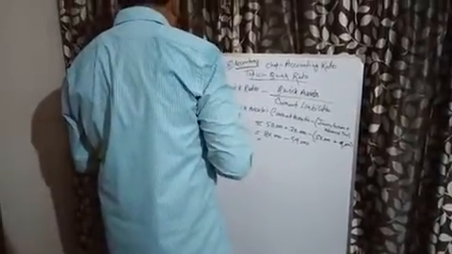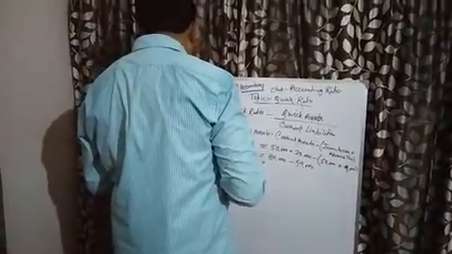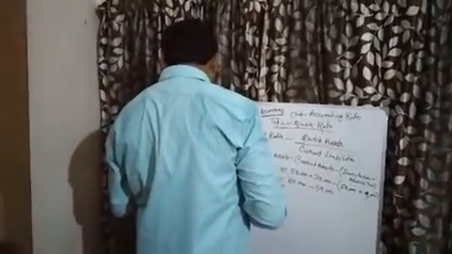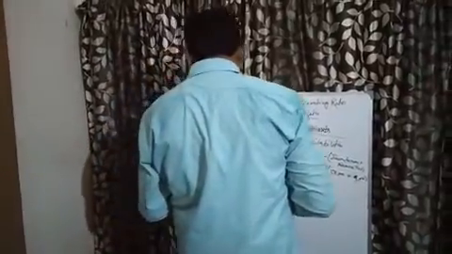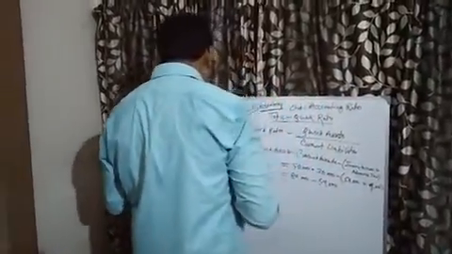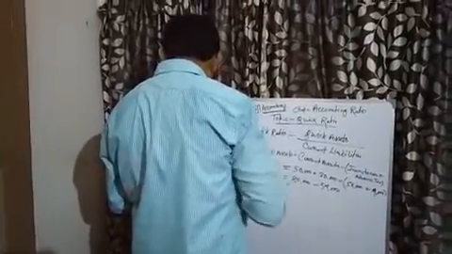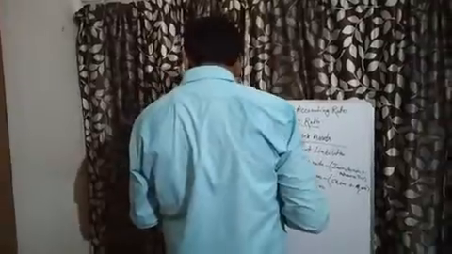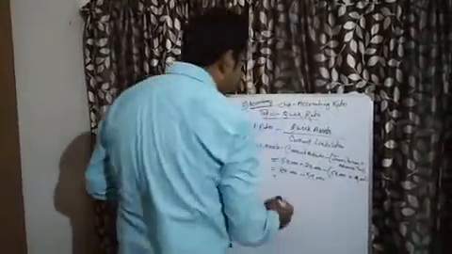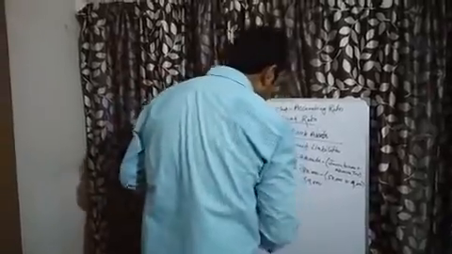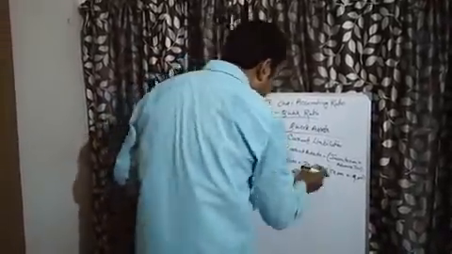There are inventories, there is trade receivable, cash and cash equivalent, trade payables. Sorry, you just have to take the total, and from the total current assets you have to minus it.